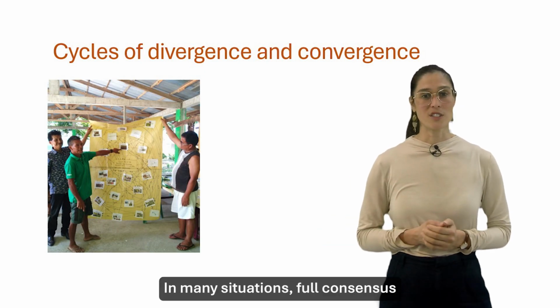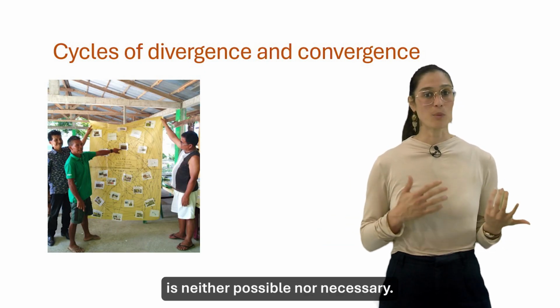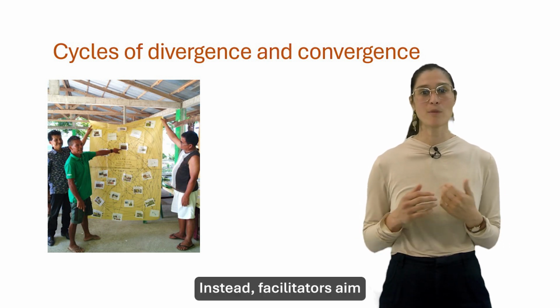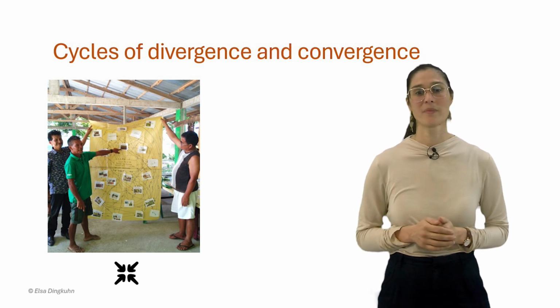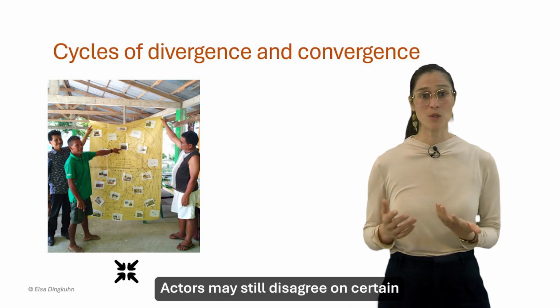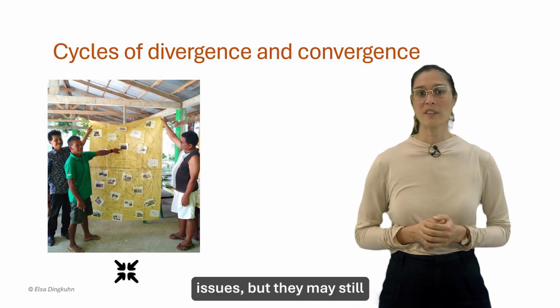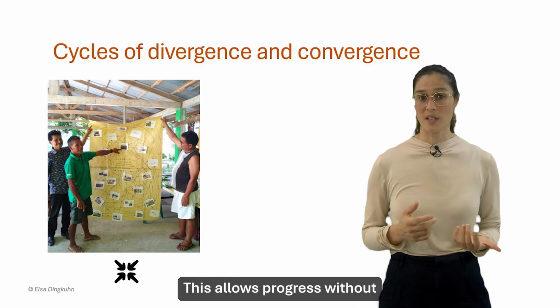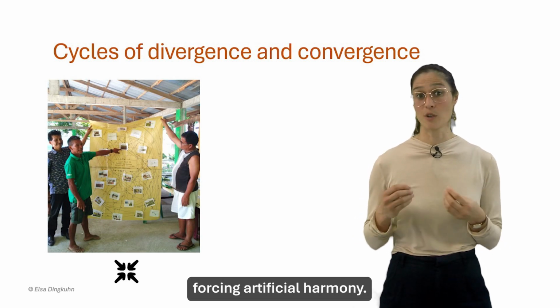In many situations, full consensus is neither possible nor necessary. Instead, facilitators aim for constructive alignment. Actors may still disagree on certain issues, but they may still coordinate around shared actions. This allows progress without forcing artificial harmony.